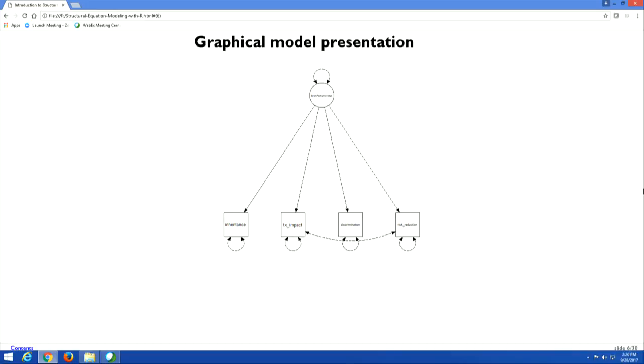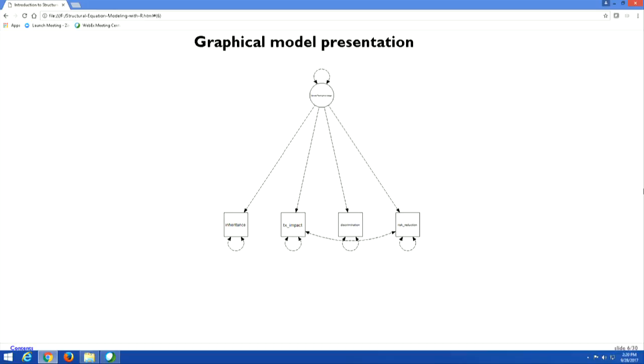These little arrows that curve in on themselves go from one variable to the same variable. That indicates the variable's variance. When you fit a model, that would be residual variance. And this arrow right here that's bidirectional, between treatment impact and risk reduction, just means that they covary.